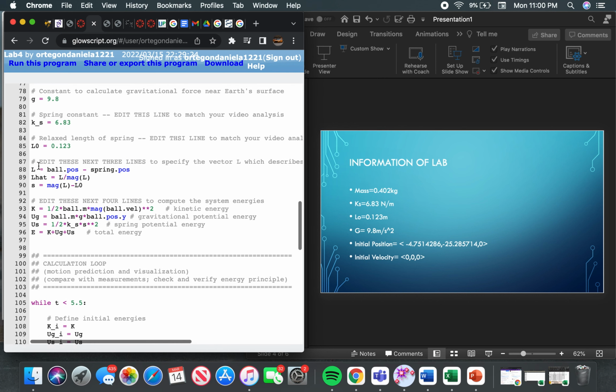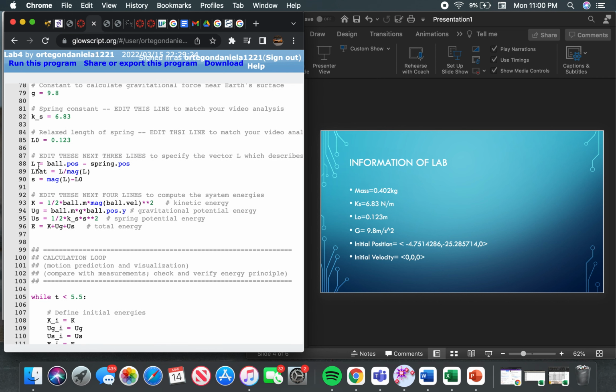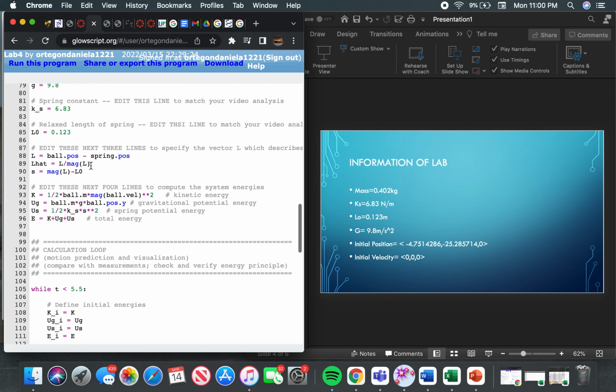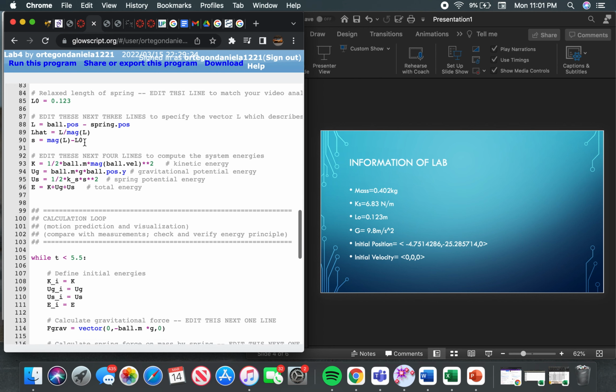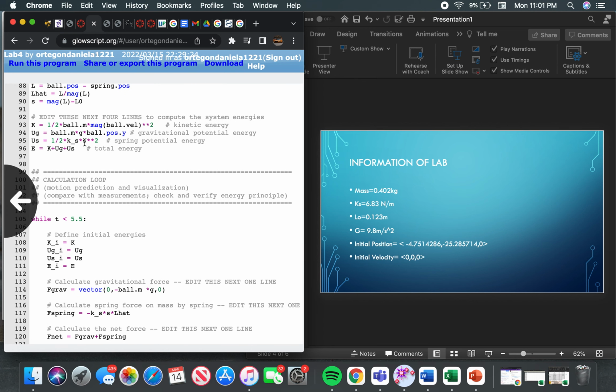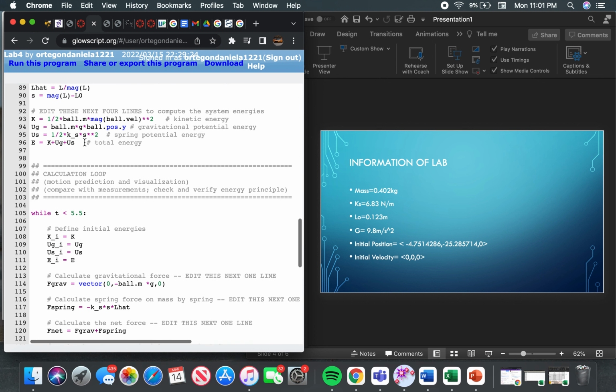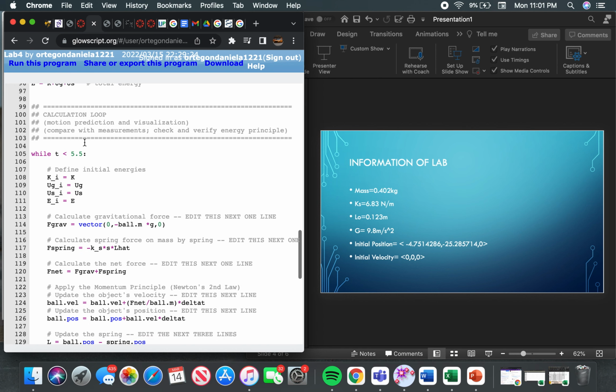From here, I put in the data for calculating the L hat and the s. And then I also did the kinetic energy, the gravity, the spring, and the overall energy from the equations that we previously looked at in the energy principle slide.